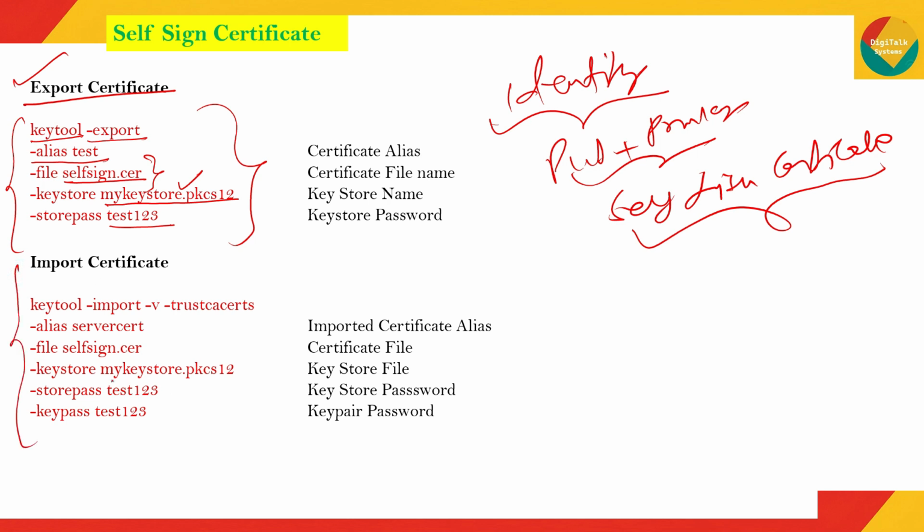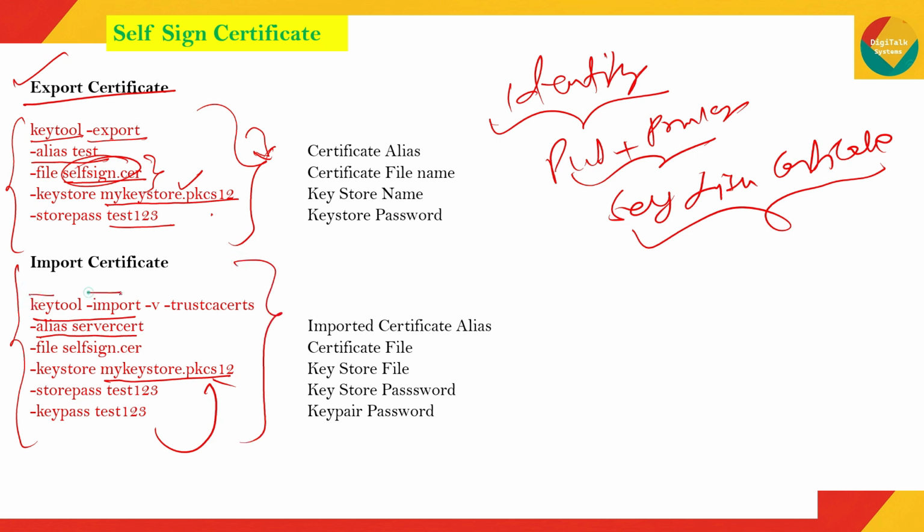This import command we can run in the same keystore, because this is a self-signed certificate. So we are exporting this self-signed certificate, and again importing it in the same identity keystore. The only difference is that we are importing it with a different alias name.